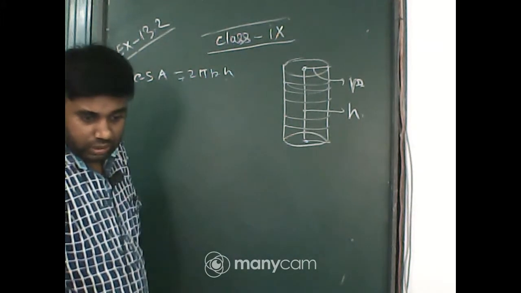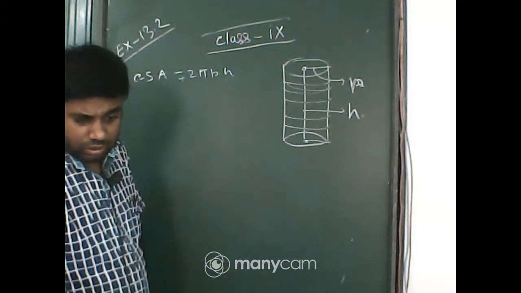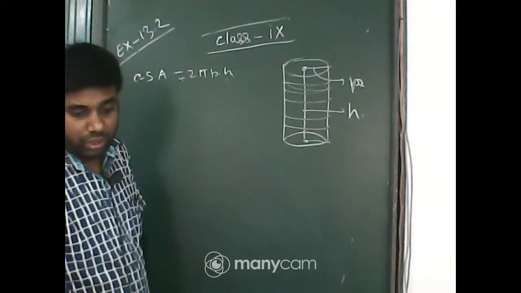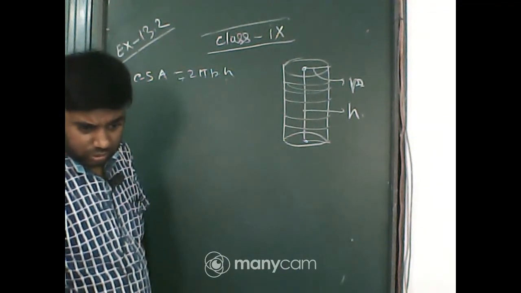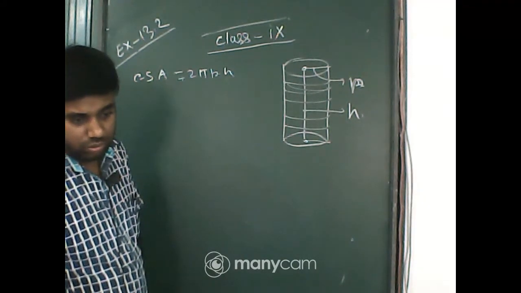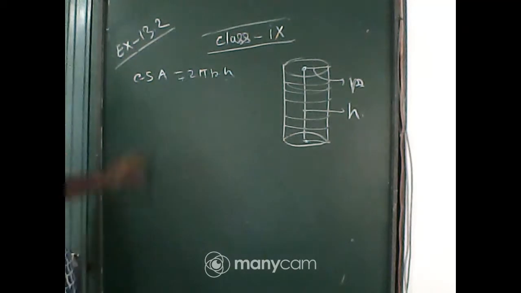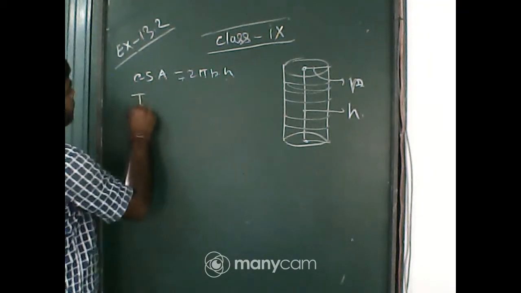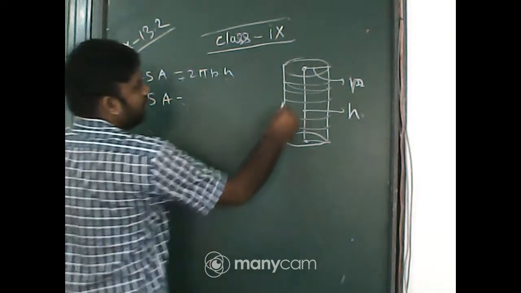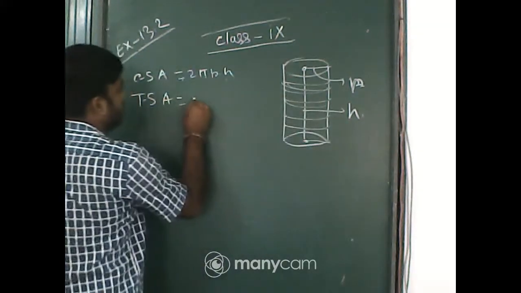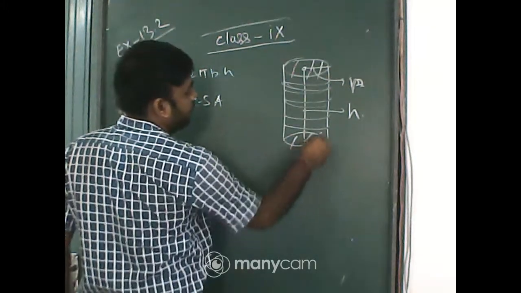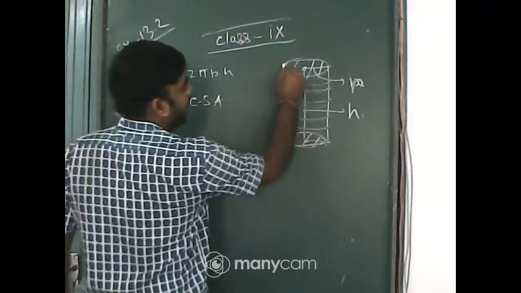Total surface area means this curved surface area plus the sum of these two circles, pi r square plus pi r square.